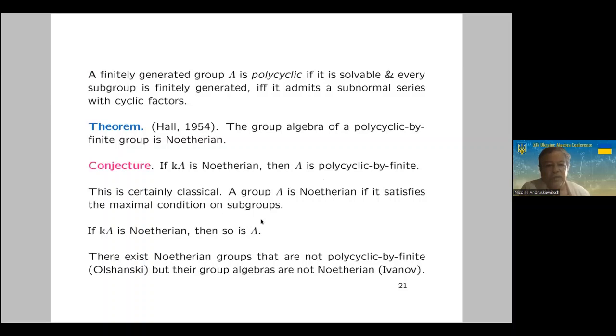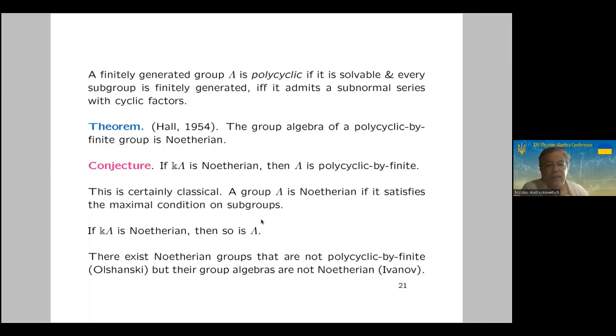For groups, Noetherianity is an open problem. Let me say that a finitely generated group is polycyclic if it is solvable and every subgroup is finitely generated. This is equivalent to saying that it admits a subnormal series with cyclic factors. A classical old result by Hall is that the group algebra of a polycyclic by finite group is Noetherian.